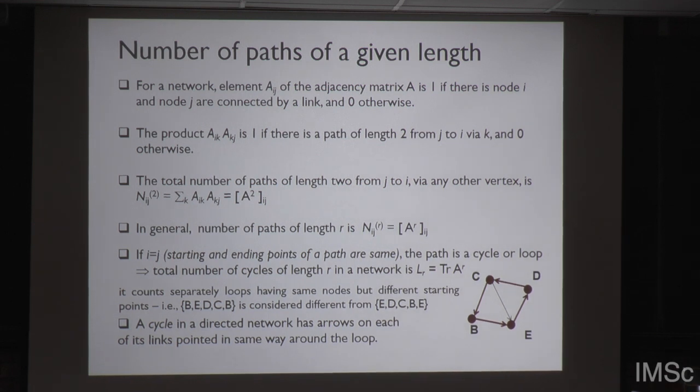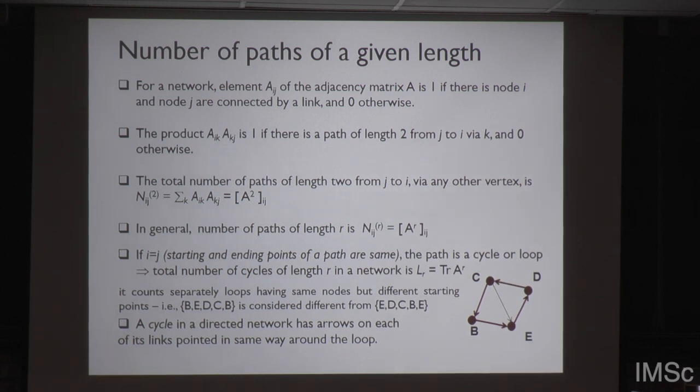Okay. So what did I say? So I said if Aij is 1, it implies that there is a path of length 1 from i to j, because there is an edge which connects directly i and j. Thank you for pointing that out. If Aij equal to 1, okay.